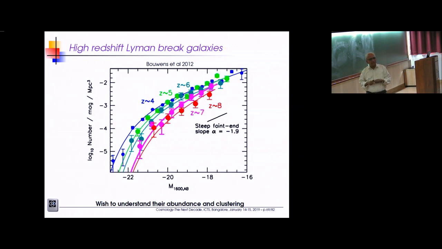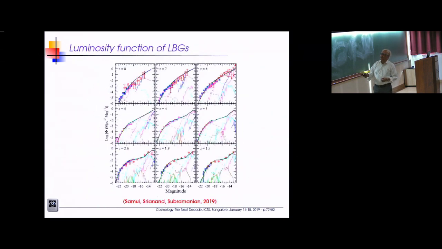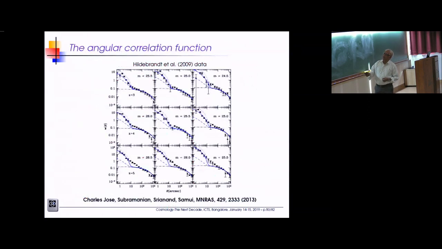And one would like to understand, can you explain these observations of abundance of high redshift Lyman break galaxies? Okay, that's one question you can ask. The other kind of observation, which I will show later, I added because Aseem said it may be interesting to show this, is the clustering of such Lyman break galaxies.